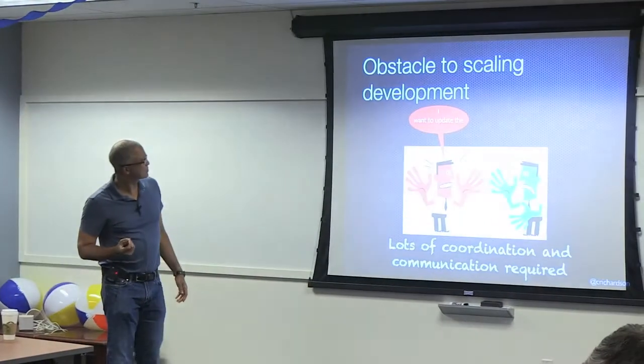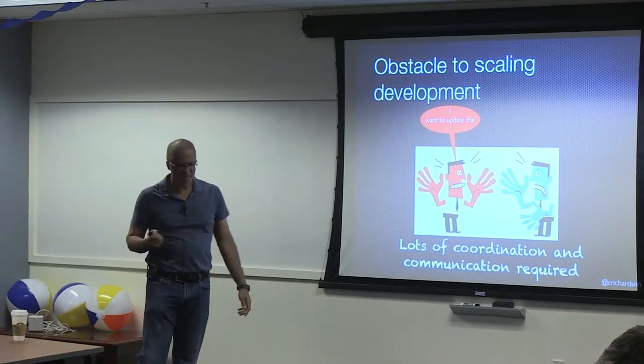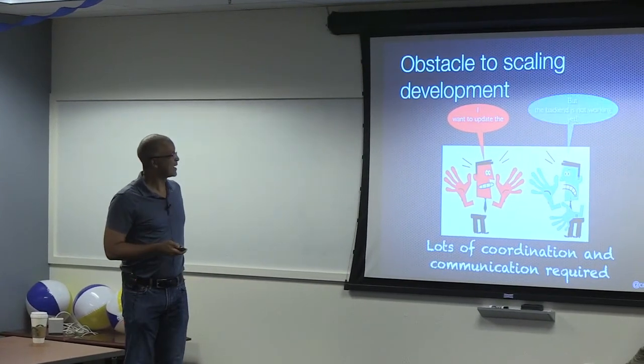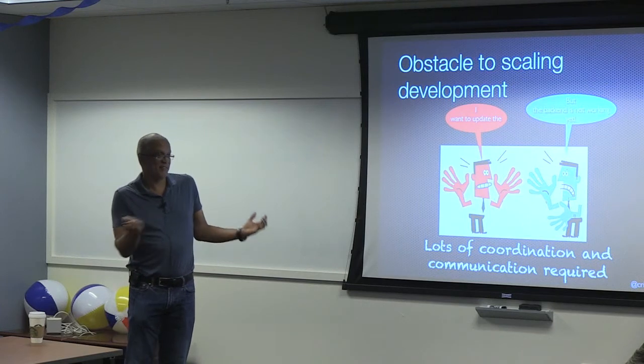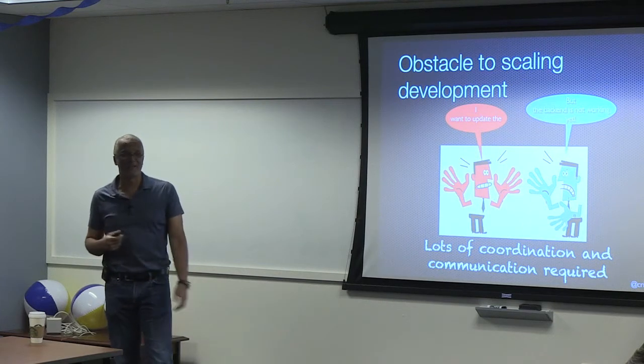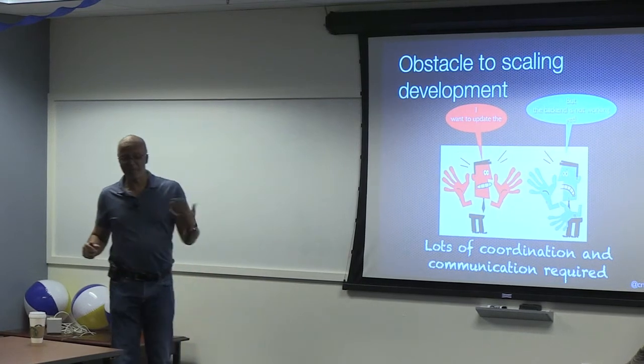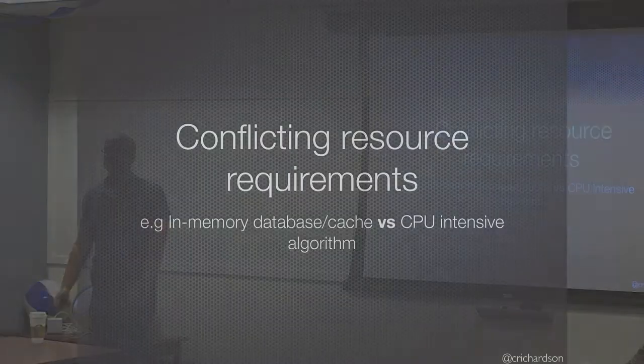So you can imagine the UI team saying, I want to update the UI. But then the back-end team says, well, we broke it. You can't update production. So it really just gets in the way of everybody working in parallel.